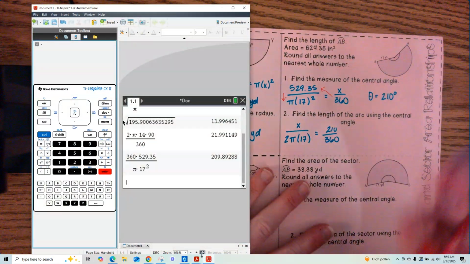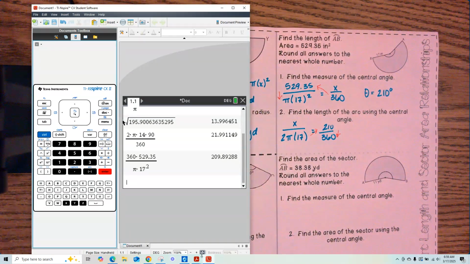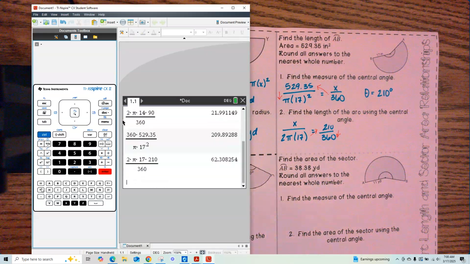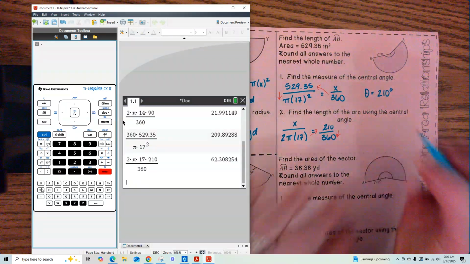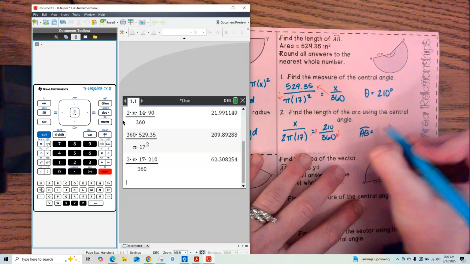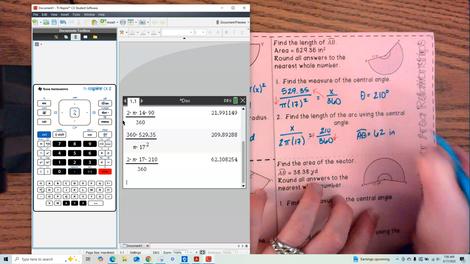So cross multiply, and divide. So 2 times pi times 210 divided by 360. And if we round this one, arc AB is going to be equal to 62, and this is in inches.